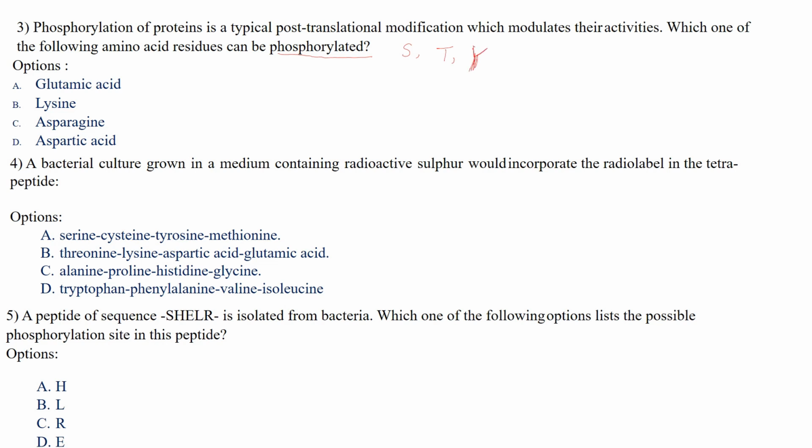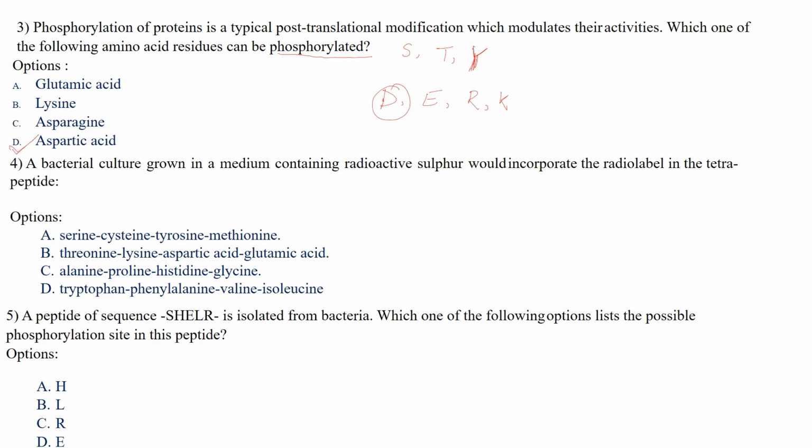But besides this, aspartic acid, glutamic acid, and in some cases arginine and lysine can also get phosphorylated, but among these aspartic acid mostly gets phosphorylated. Therefore from the given options, D is the correct answer.